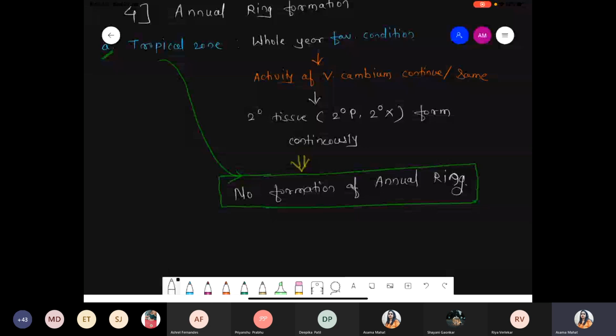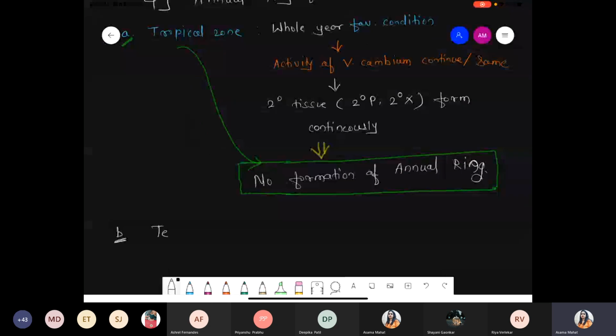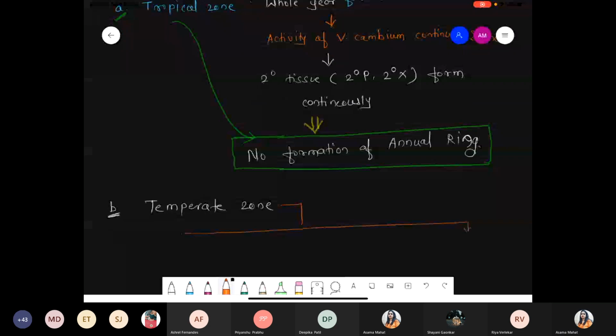Okay? So the second part we are talking about is the temperate zone. Whenever we talk about the temperate zone, basically two environmental conditions are present. Number one, favorable condition, and sometimes also there is the presence of unfavorable condition.